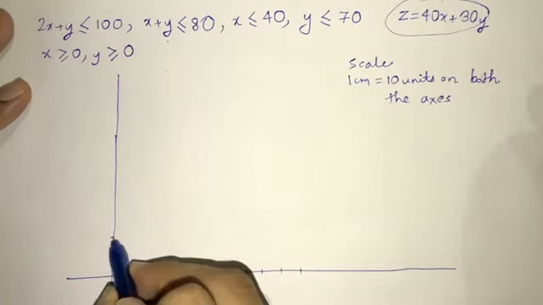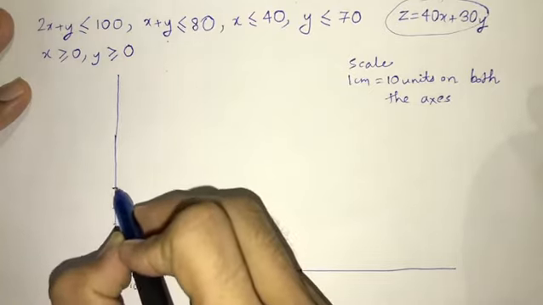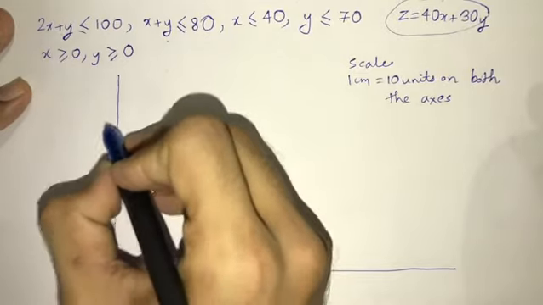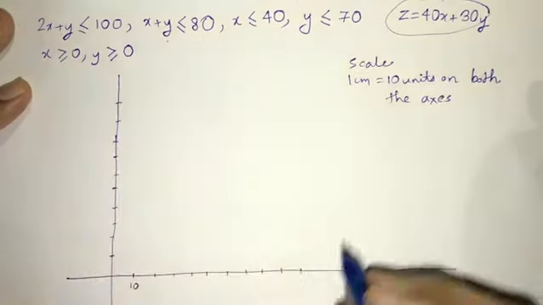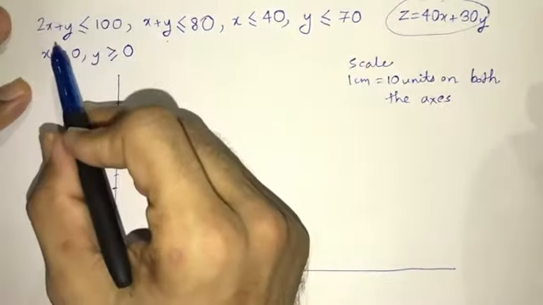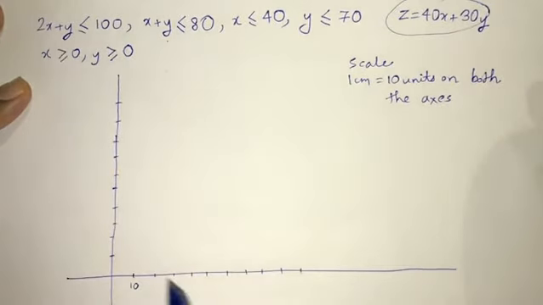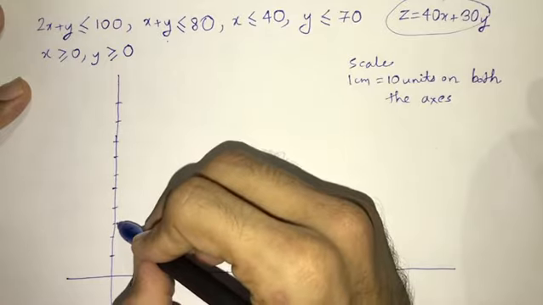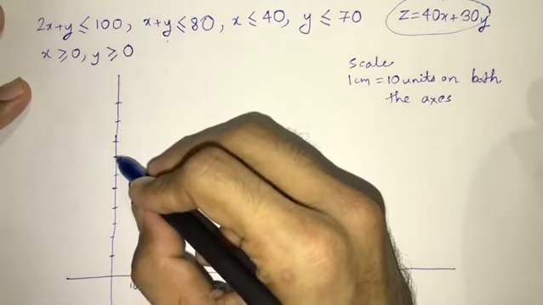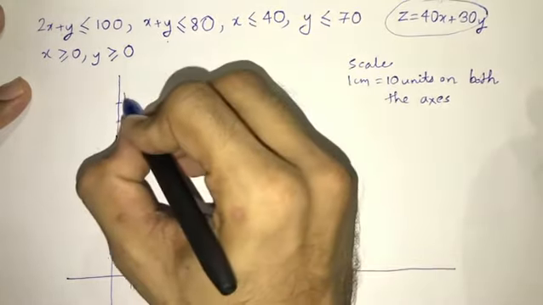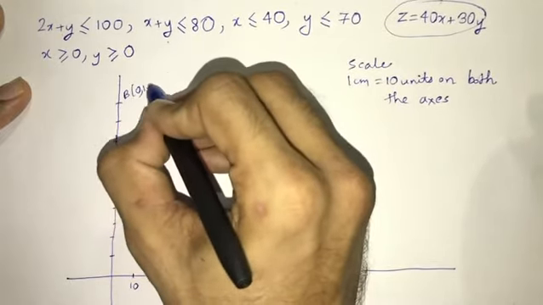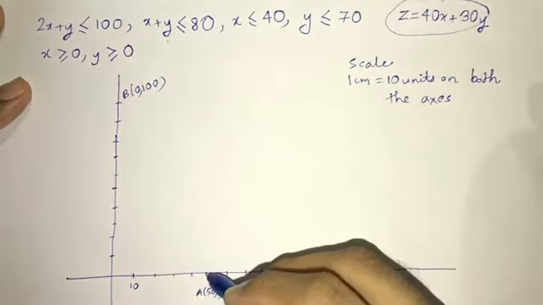Again 10, 20, 30, 40, 50, 60, 70, 80, 90 and 100. So first, if we divide by 100, we get 50 and 100. So we have A as (50, 0) and B as (0, 100).